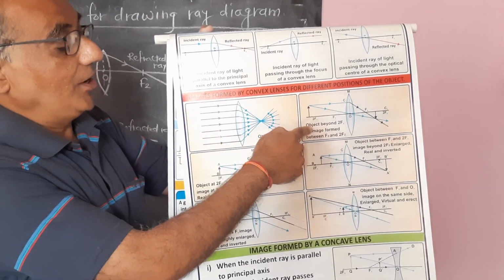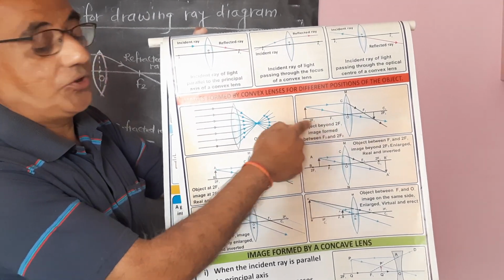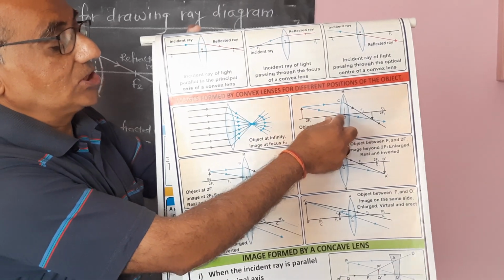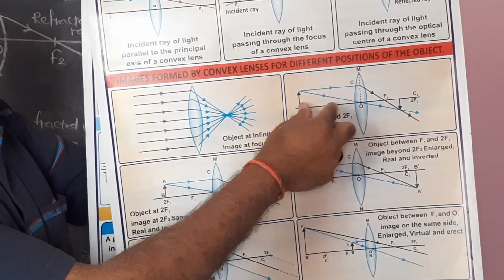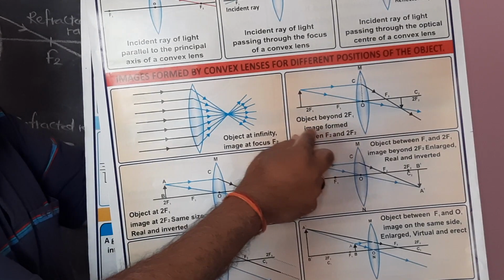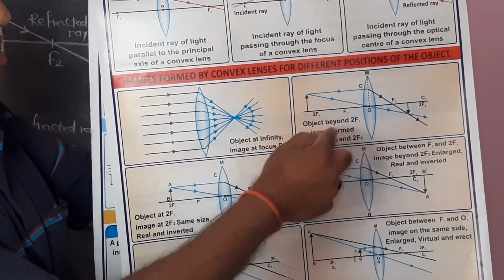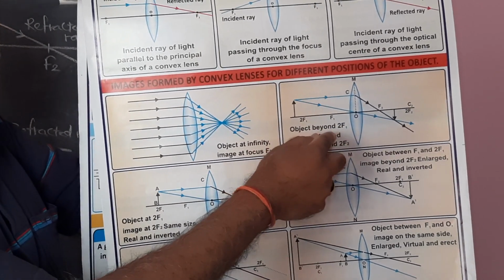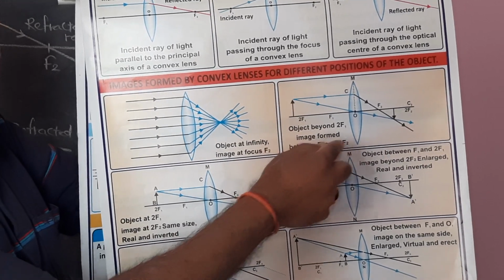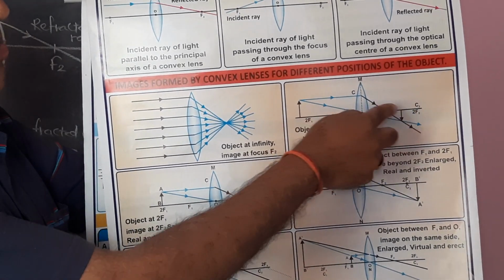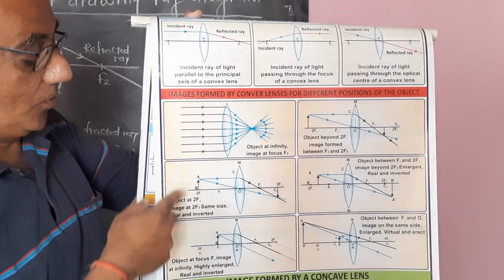Second, when the object is placed beyond 2F1, where this distance is F1, same distance F1 to 2F1, we find that the image is formed between F2 and 2F2.